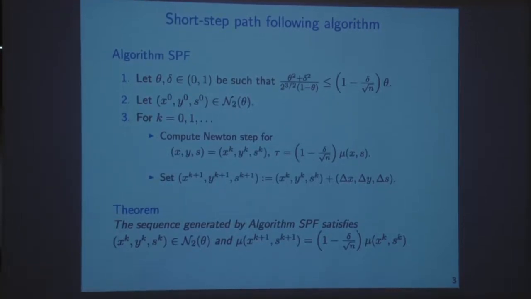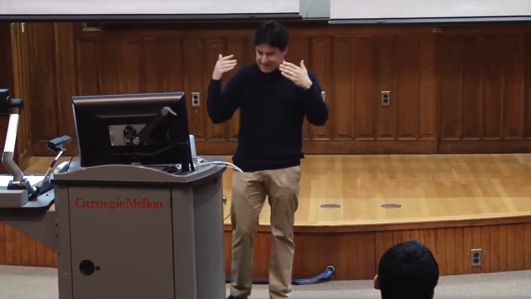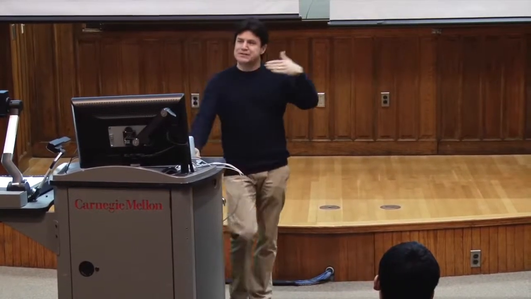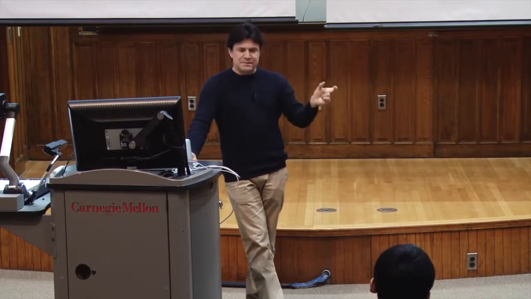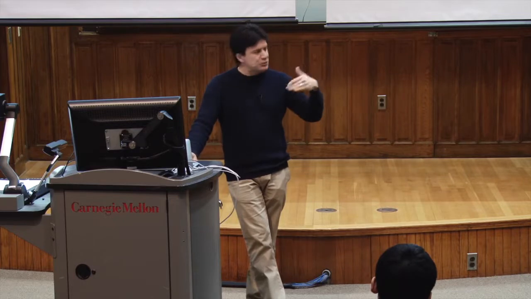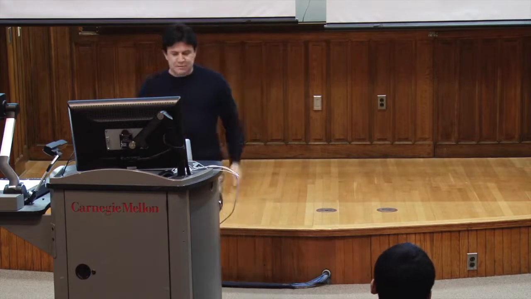They are in that small neighborhood. And mu goes to 0 linearly. Now, since mu goes to 0 linearly, that means that the duality gap between primal and dual also goes to 0 linearly. And that means that, roughly speaking, if we wanted to get to epsilon, we will need to perform about log of 1 over epsilon steps. Okay? So that was the main thing we did last time.